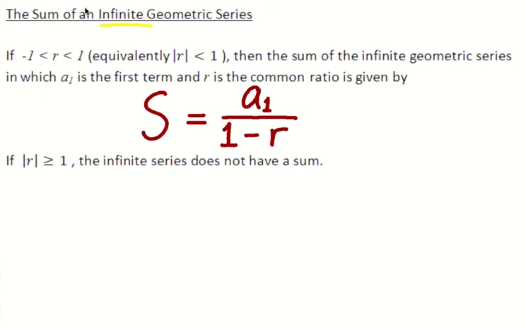If you're thinking of a geometric series like that, where your r value is 2, or 3, or 5, you're always multiplying by 5, then if you add up an infinite number of those terms, the word is diverge. That's a calculus term. It's just going to keep getting bigger and bigger, and you're never going to actually have an answer.